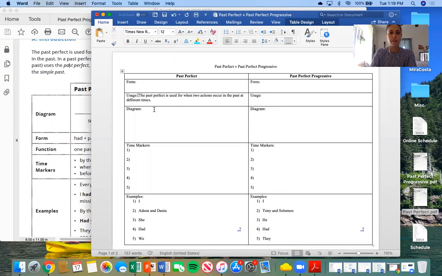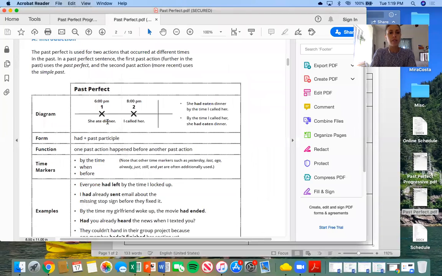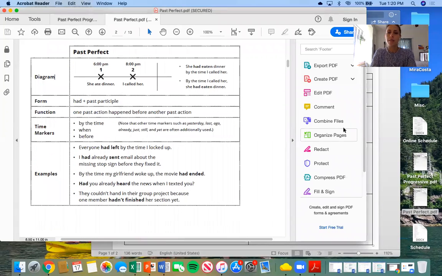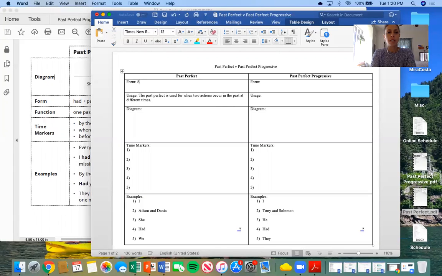Perfect. We got it. Let's check out the form. Had plus past participle. Okay, so we can say subject plus had plus PP, which stands for past participle, plus object. Okay, we got this. So had, because we are in the past tense, right? So when we are in the present, we say have or has.